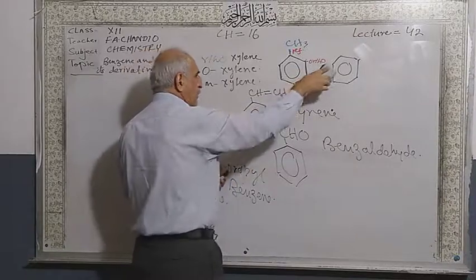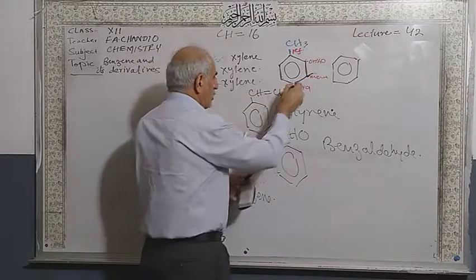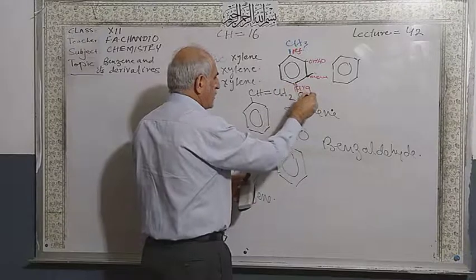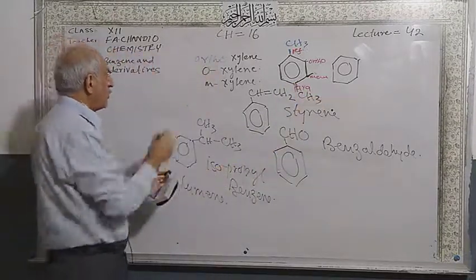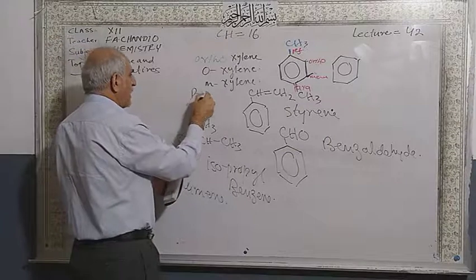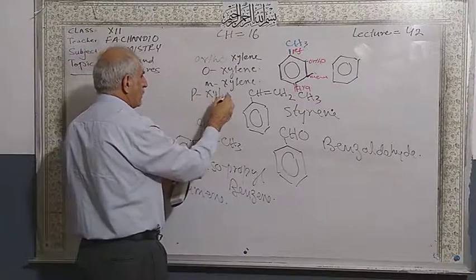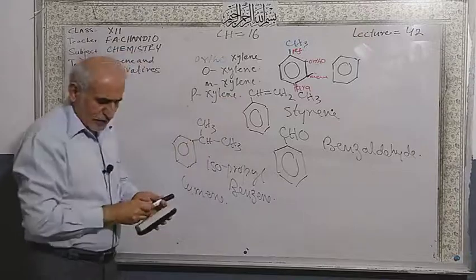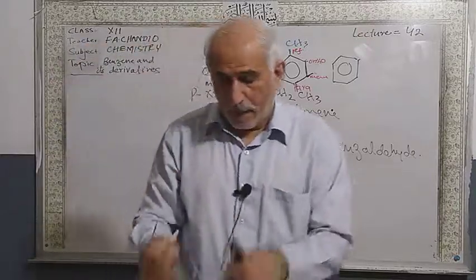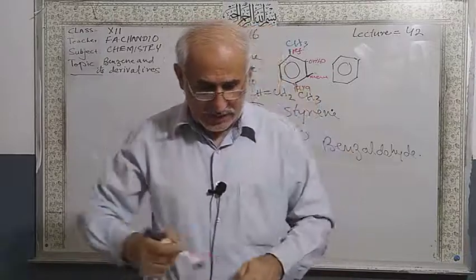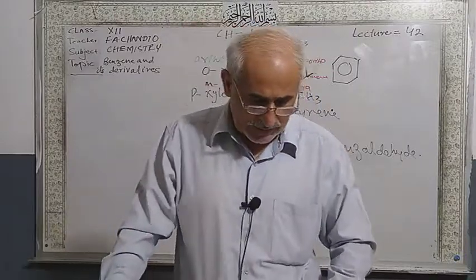And if you put the CH3 group, alkyl group, methyl group at this position, then we call it p-xylene, paraxylene. So one is called orthoxylene, second is metaxylene, and third is paraxylene.